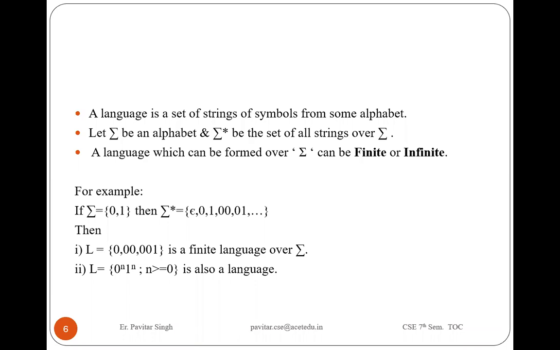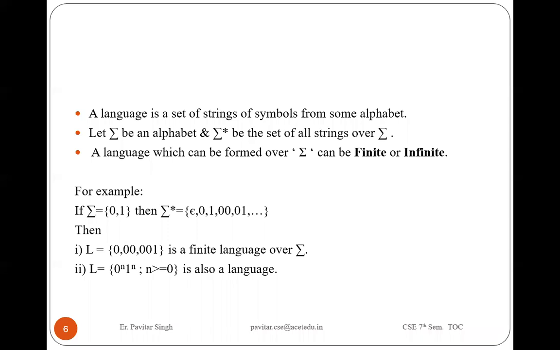For 0 occurrence, you will be represented with epsilon. Then we have a single string, that is 0, a single string, that is 1, then 00, 01, 10, and so on, because here the length is not defined, right? So this is your sigma star, which will be of infinite length, right?